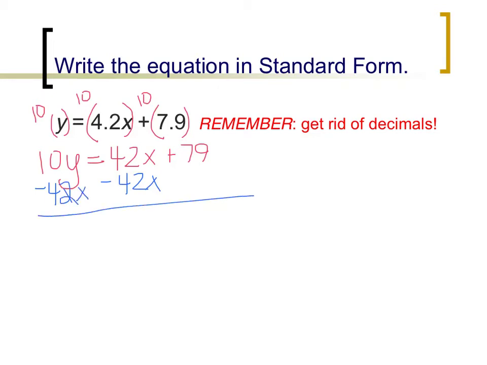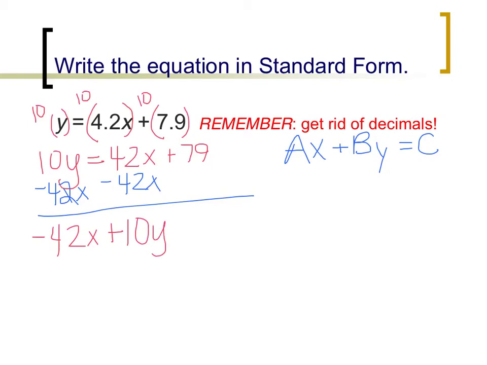On the left, since I want to have my a first, remember my standard form is ax plus by equals c, and I want my ax first, I'm going to write this as negative 42x plus 10y equals, these are opposites so they cancel out, 79.